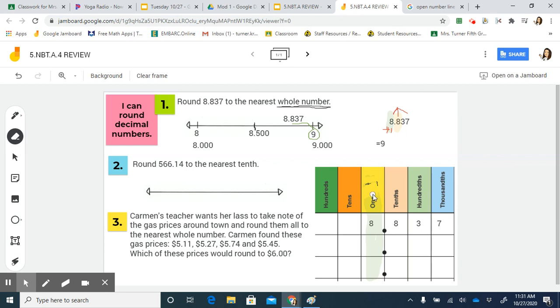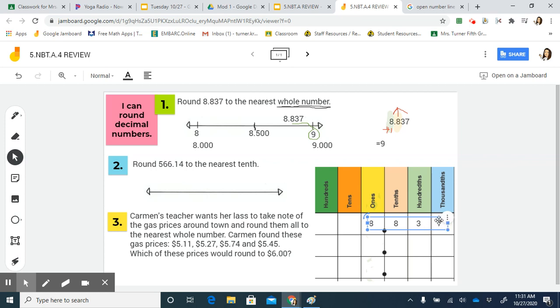I'm now going to move on to the next one, which is round to the nearest tenth. I'm going to erase what I highlighted in the ones because I'm not going to the ones now. I'm going to the tenths place value. So I'm going to round to the tenths place value, and my number has also changed.